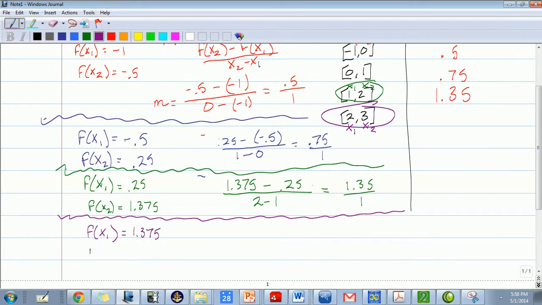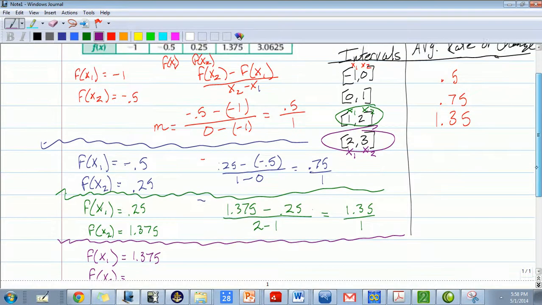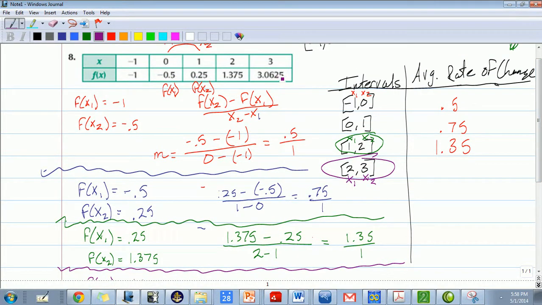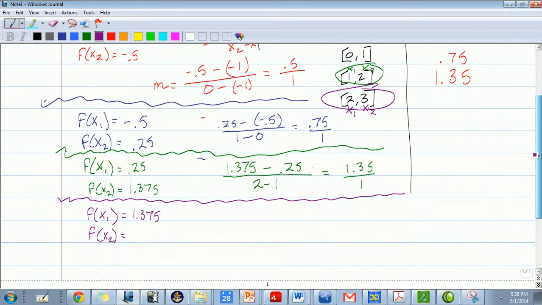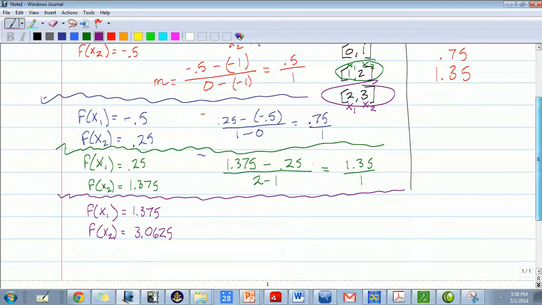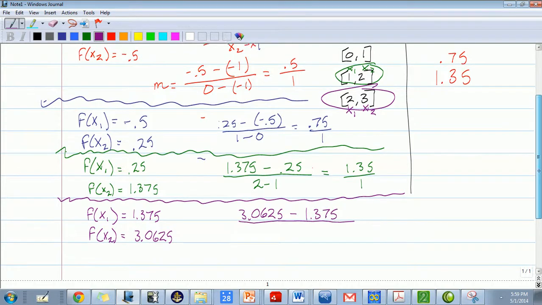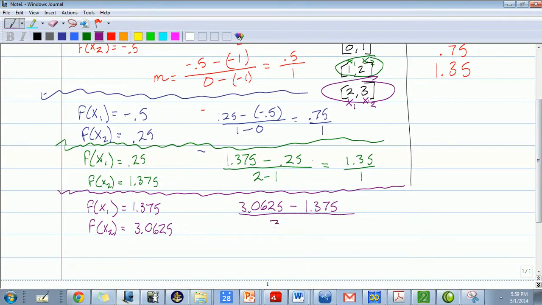And our f of x2 is going to be 3.0625. So with that, the problem we're doing now is 3.0625 minus 1.375, and that is all over 3 minus 2.